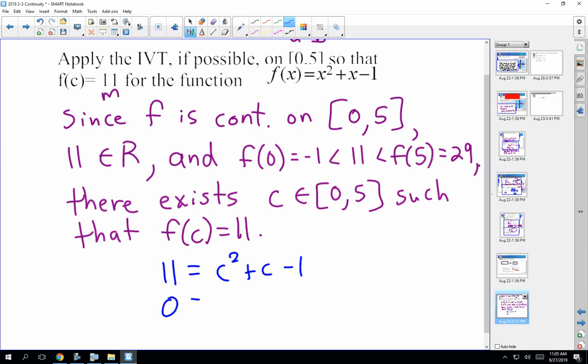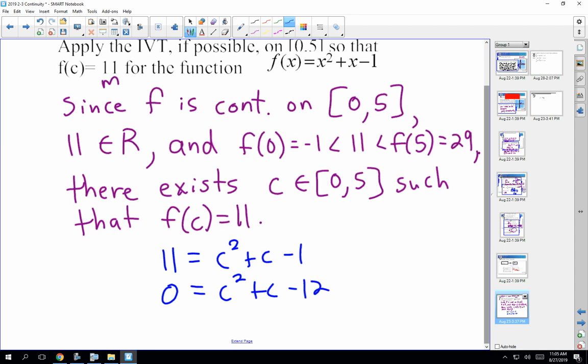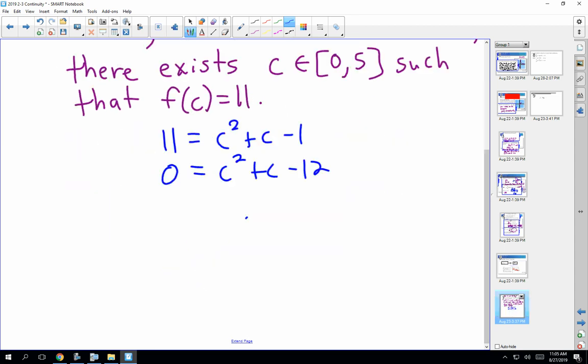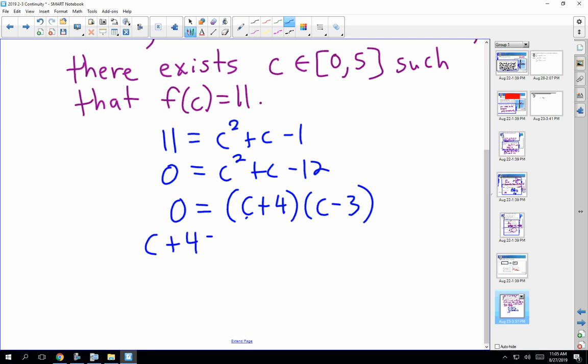So we got 0 equals C squared plus C minus 12. We go ahead and factor: 0 equals (C plus 4)(C minus 3). Set each factor equal to 0. So we get C equals -4 or C equals 3.